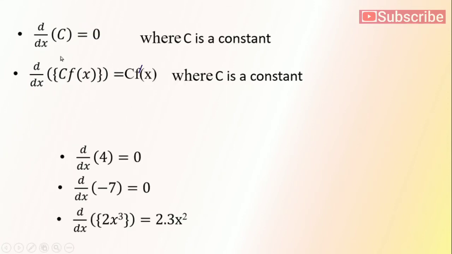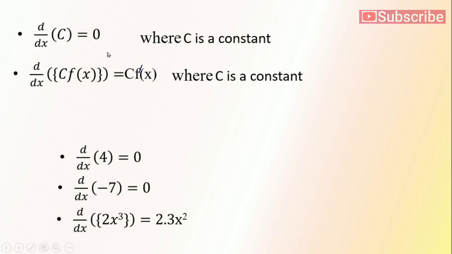Let's move. d by dx of c, where c is a constant, is always 0. Here you can put any number, 7, 8, any constant. Differentiation of any constant is always 0. Now d by dx of c times any function. In that case, c will be taken out.